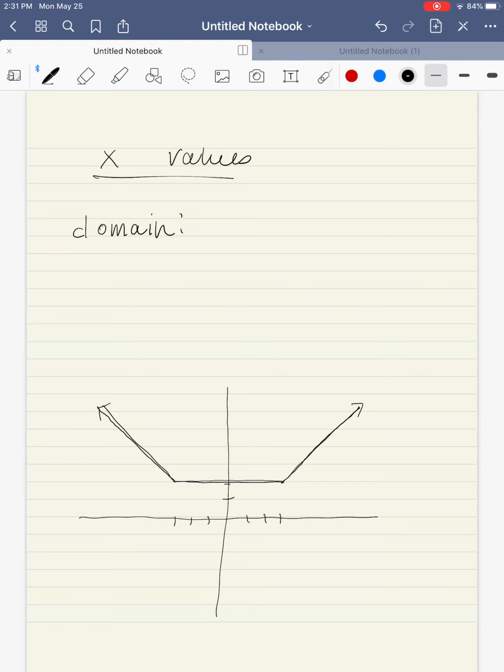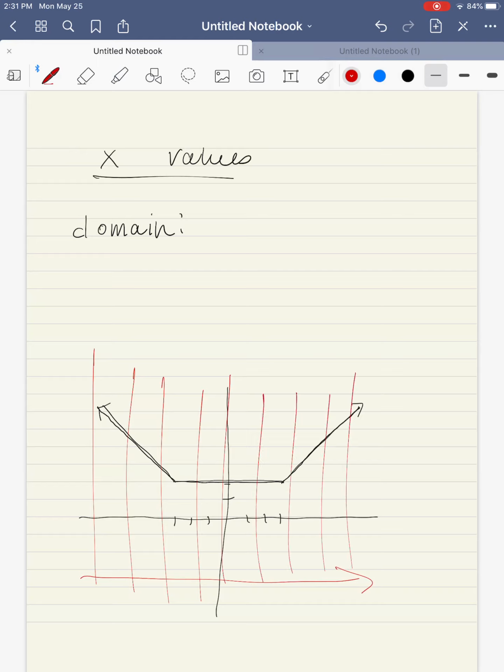Now the domain literally means the x values for which the graph exists. So as I sweep from left to right, where am I touching the graph? And I see that I'm touching the graph forever, from -infinity to infinity. So my domain is -infinity to infinity. For my range, I am looking at for which values of y am I touching the graph.